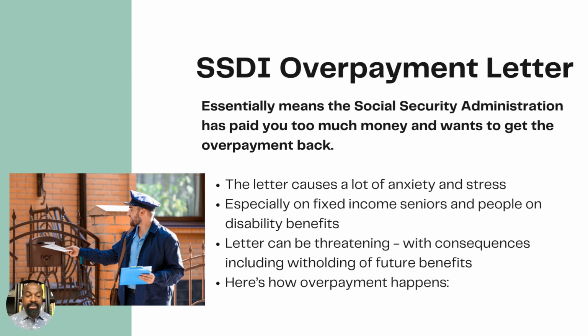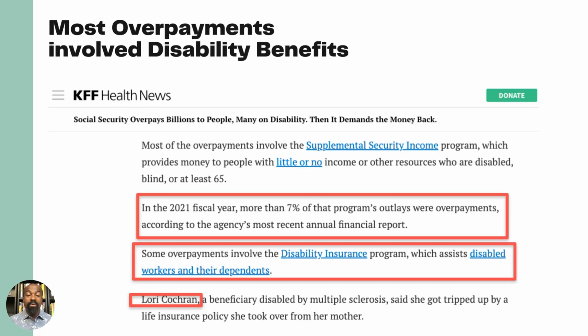If you're on SSDI benefits, they may threaten to take your future benefit payments until the overpayment is cleared. Or they may even say they will take portions of your payment going forward until you've totally finished paying this overpayment. And that for some people is something they cannot afford, given how their financial situation is already stretched and now they are being asked to forfeit their future payments or forfeit a portion of it.